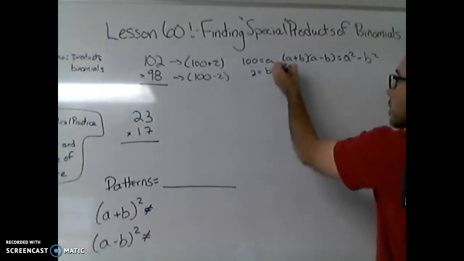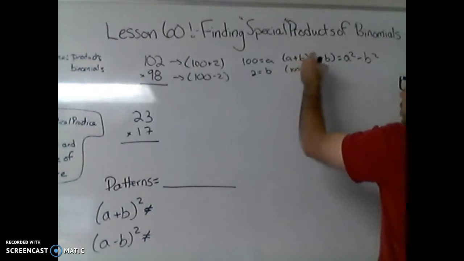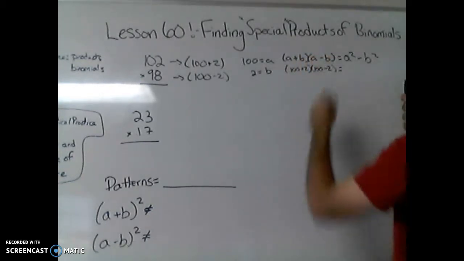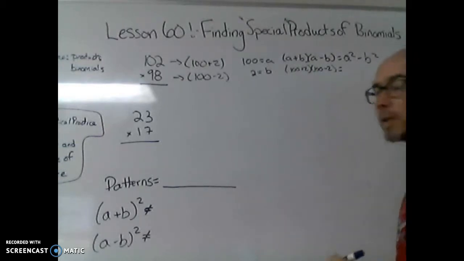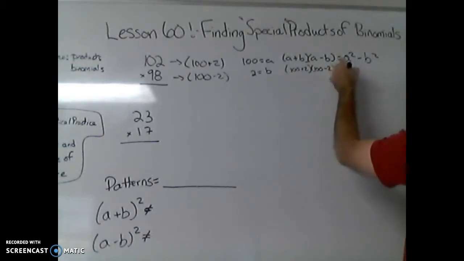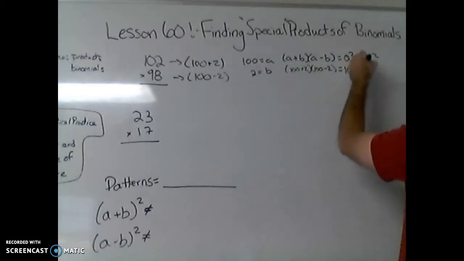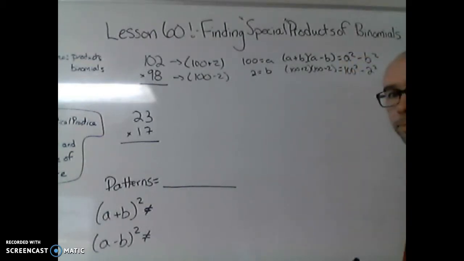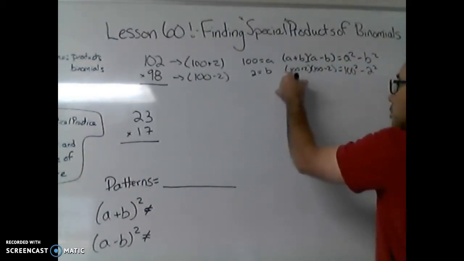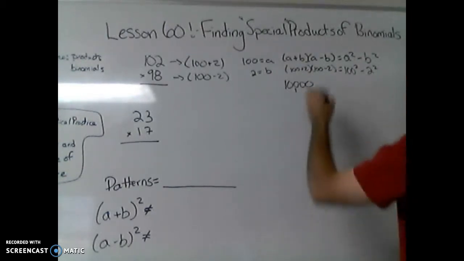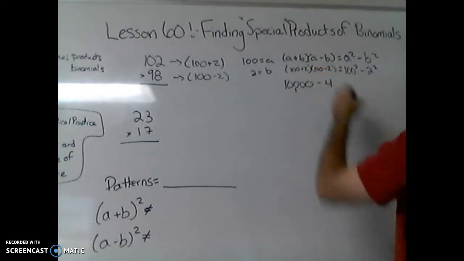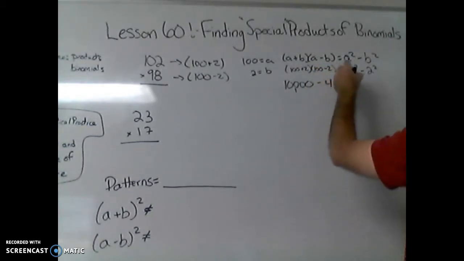So this problem turns into 100 plus 2 times 100 minus 2. Now I could do the FOIL method and multiply all that together, but I know that the answer is going to be 100 squared minus 2 squared. 100 squared is 10,000. 2 squared is 4.